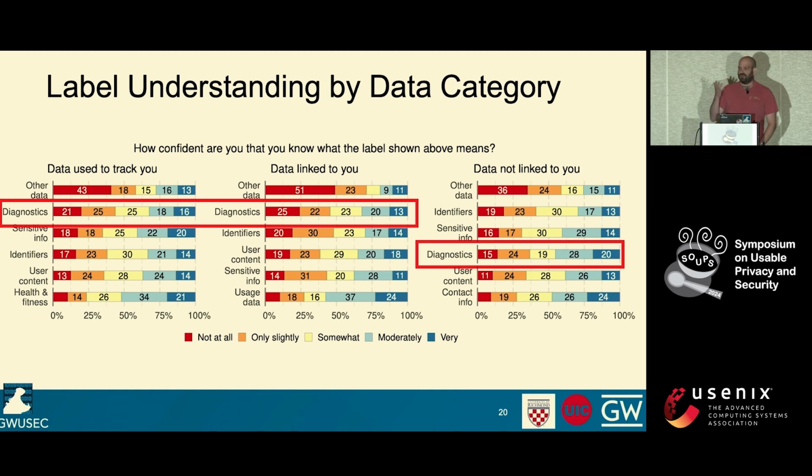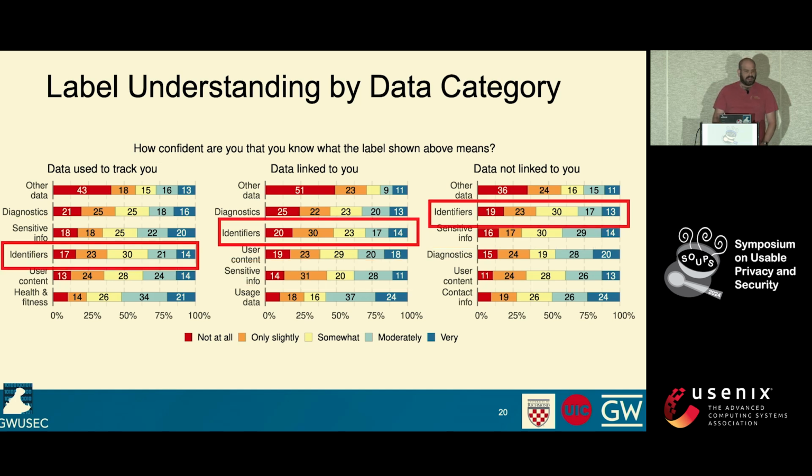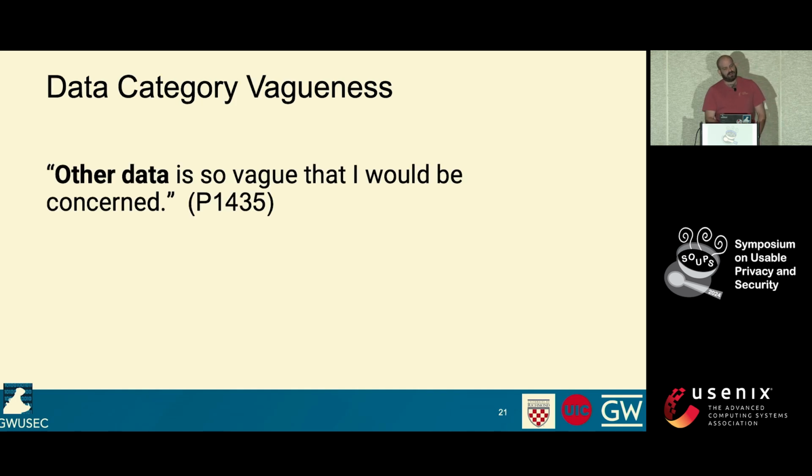People don't really know what diagnostic data means, or sensitive info. Even though Apple has a definition for sensitive info, if you're a user just looking at this, what does that really mean? As well as identifiers, general identifiers. Why is that different from my name, for example? People commented too; we also had some small qualitative feedback on the vagueness of these.